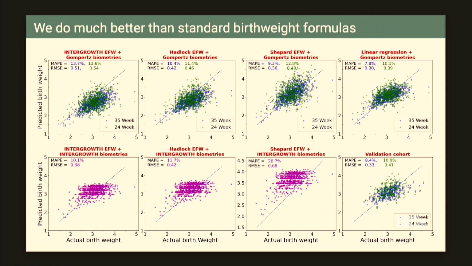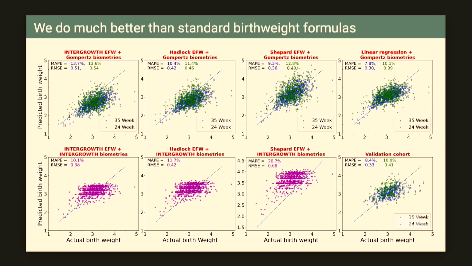So instead, we use those formulas with our predicted final biometries from the Gompertz formula, as well as with the final predicted biometries from our own approach. These all do reasonably well in terms of mean absolute percentage error. Gompertz is like 10, which doctors would consider good, and MAP is less than 10 for Shepard, but we do less than 8% of MAP.